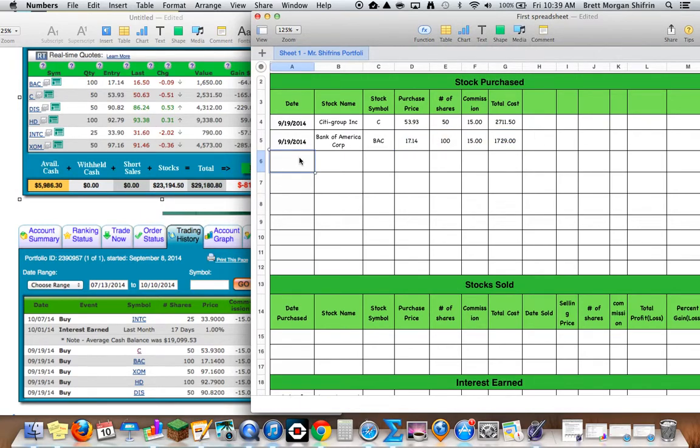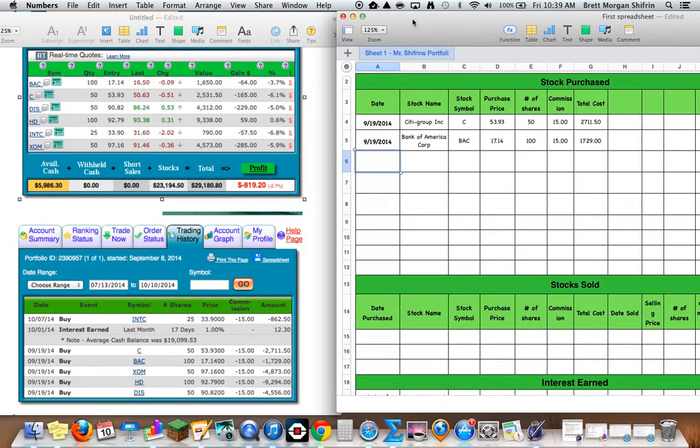So now if I come to the next one, Disney, and it tells you when I bought Disney in my trading history down here, 9/19. So I'm just going to copy this and type in Disney.